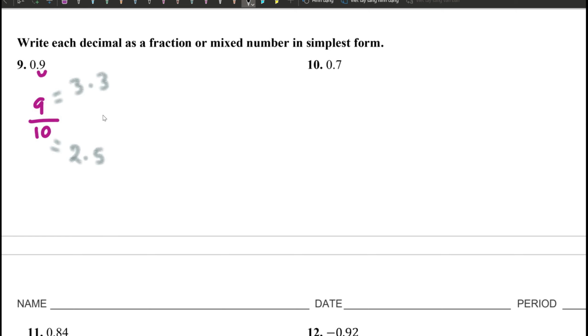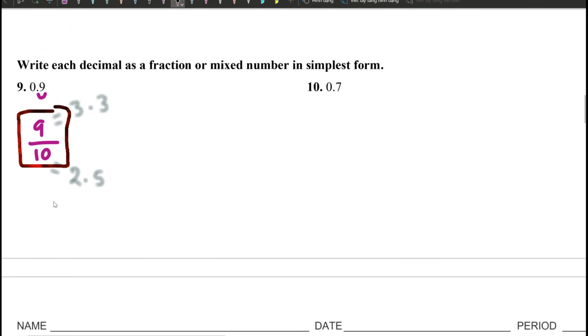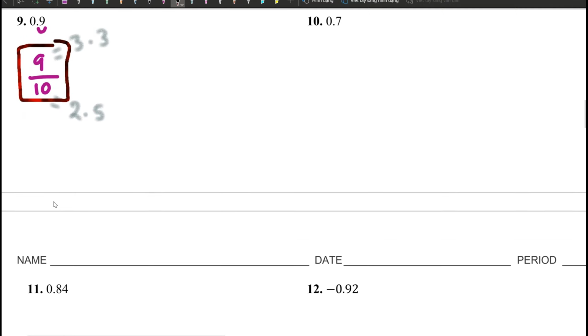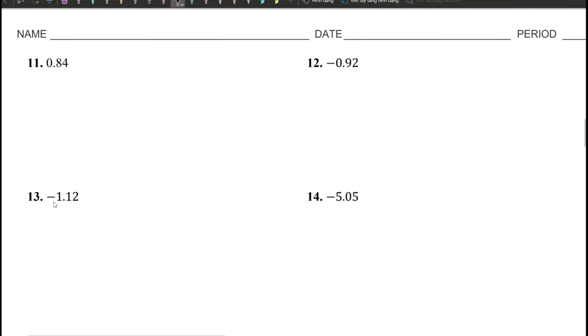There's no common number to reduce. So 9/10 is the lowest fraction form. I'm going to leave number 10 for you. It's a similar concept.